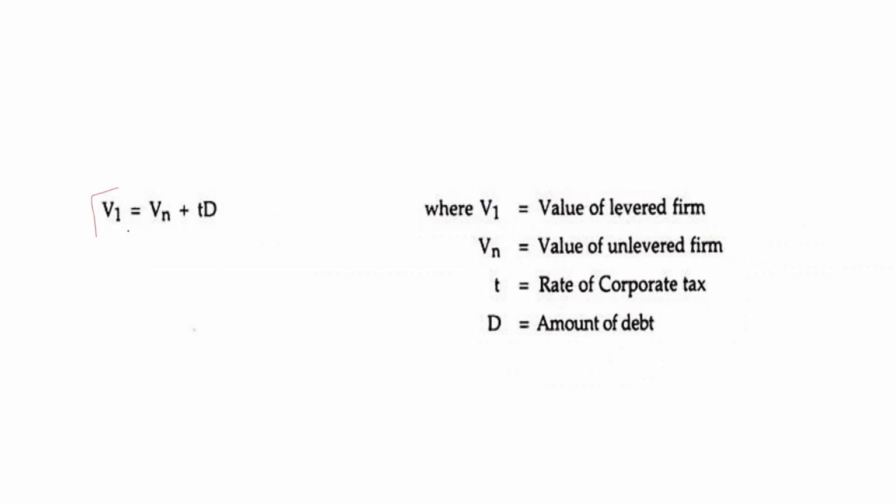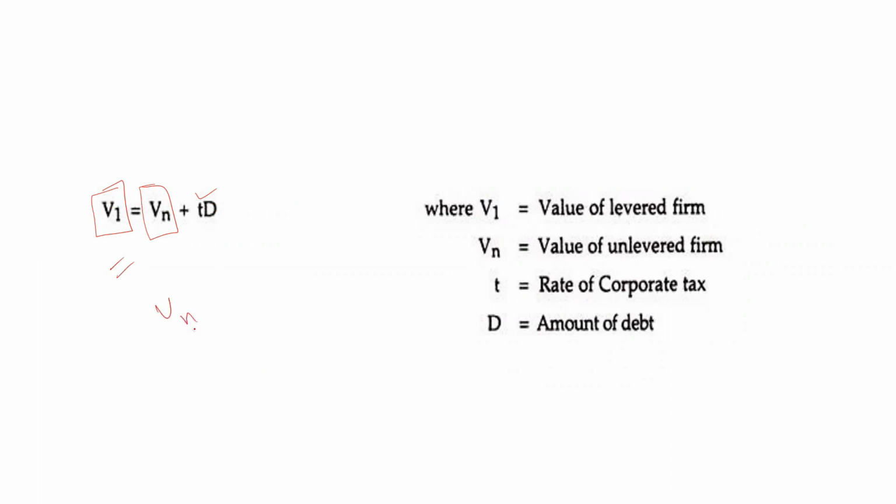Okay, so the value of a levered firm is always equal to the value of the unlevered firm plus the tax rate multiplied by the value of the interest of the debenture. So this is all about that. Okay, so I hope you have got the idea.